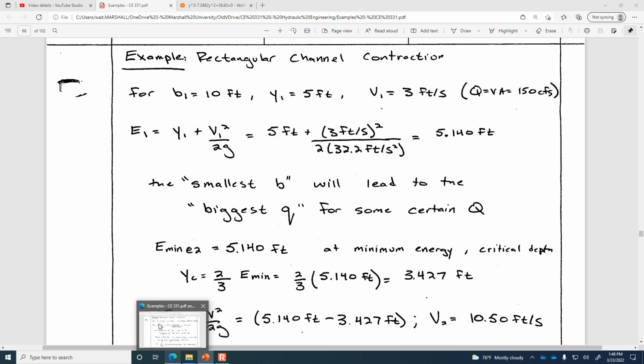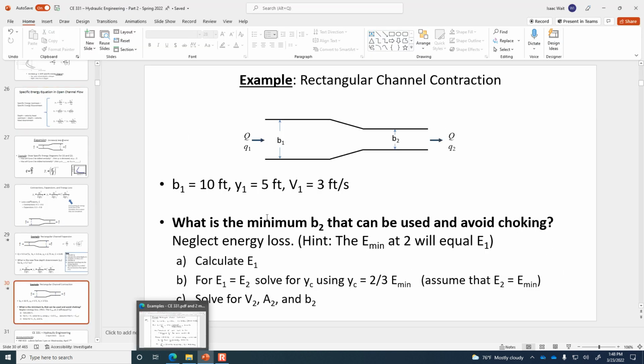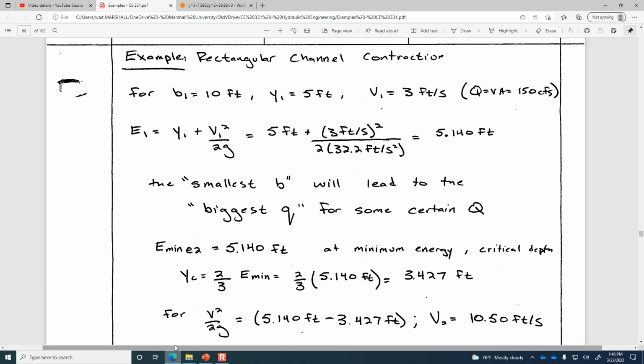If it keeps getting more narrow than that, then it will choke. So we set the E minimum equal to the 5.14. When conditions are critical, 2/3 of the specific energy exists as the depth, and 1/3 of the specific energy exists as the velocity head.